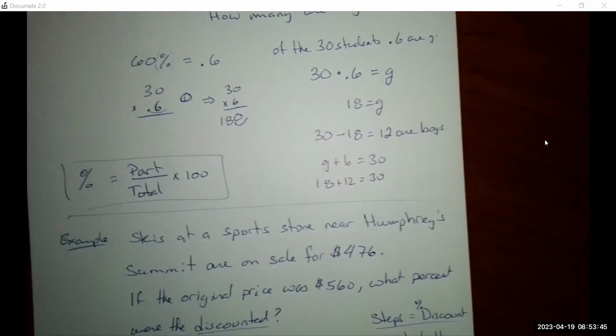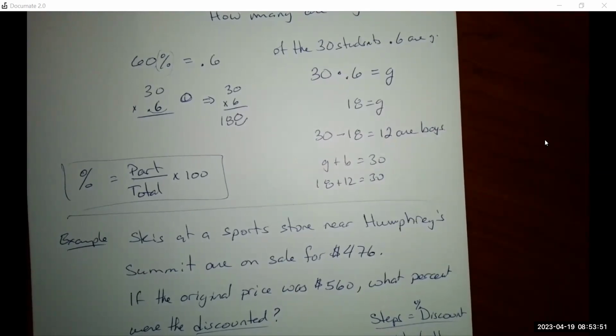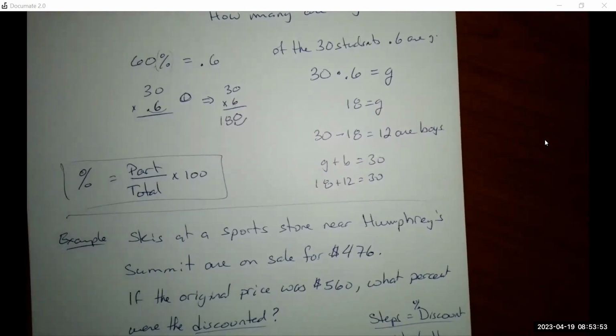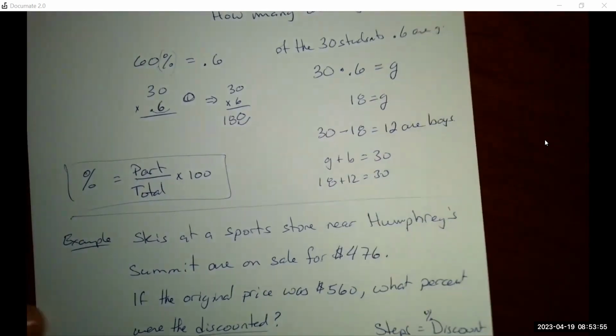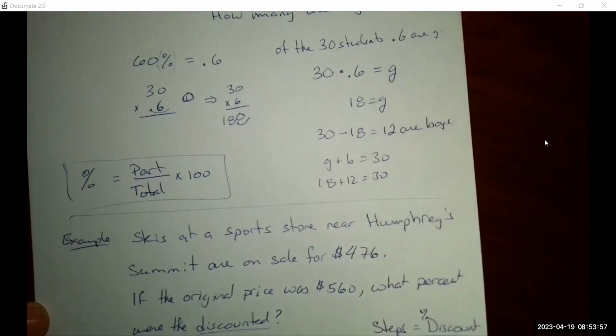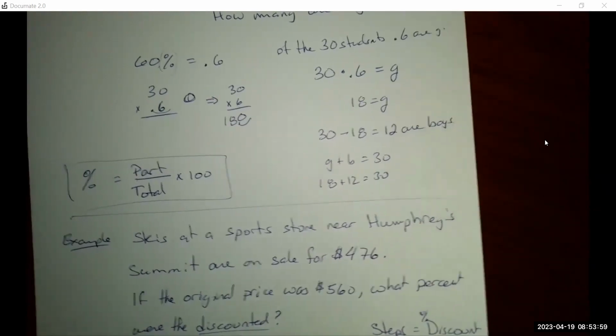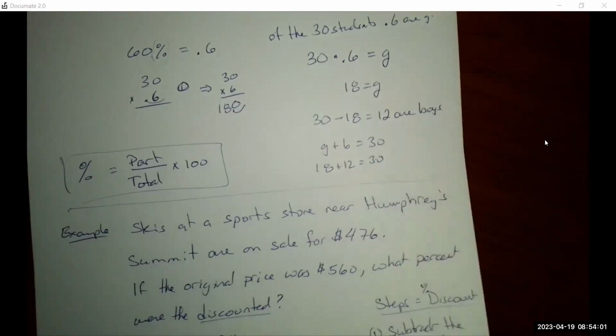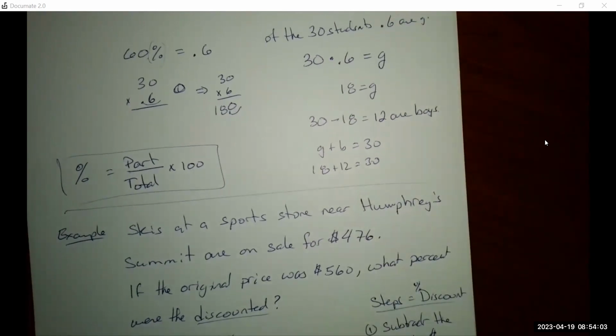All right, so when you're looking for percents, that's all you have to do. Yeah, we'll do some more application problems. I'll put that in a separate video. All right, so that pretty much does it for there.